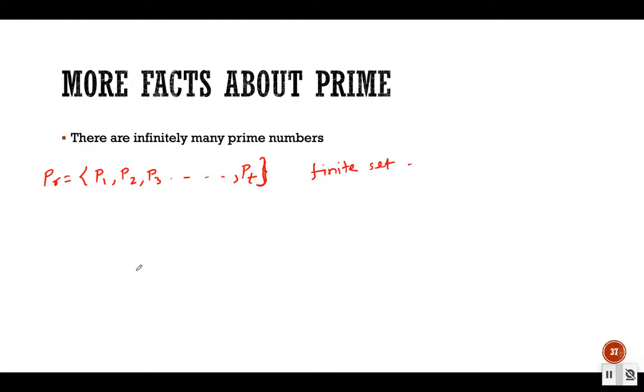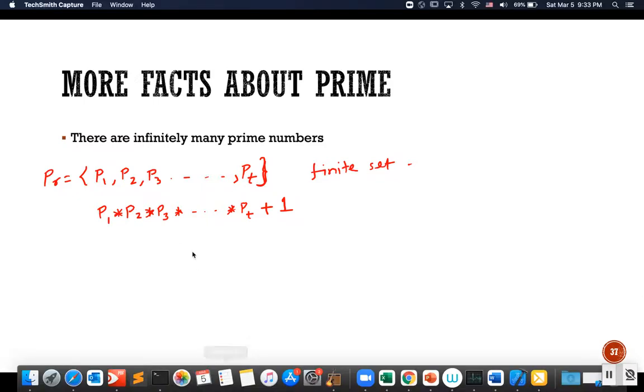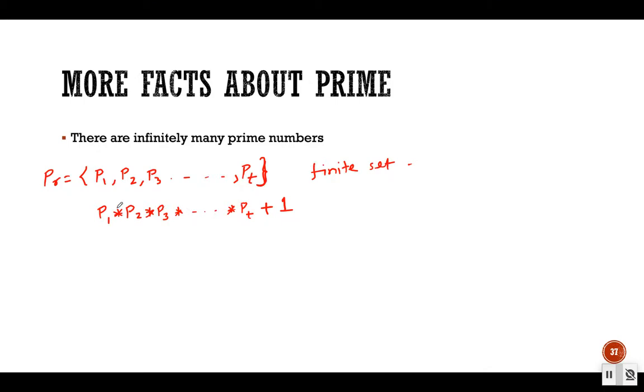Now let's find p1 times p2 times p3 and so on, up to pt. Let's do the multiplication of all of them, plus 1. Let's assume this is another number, and we call this number n.